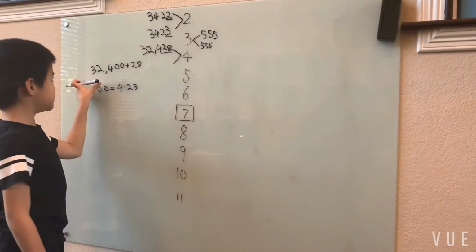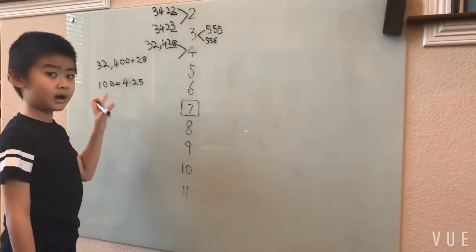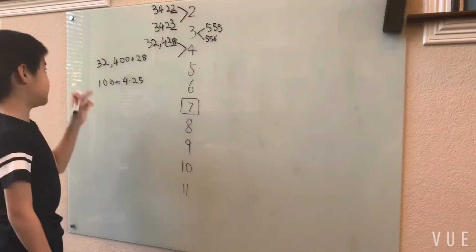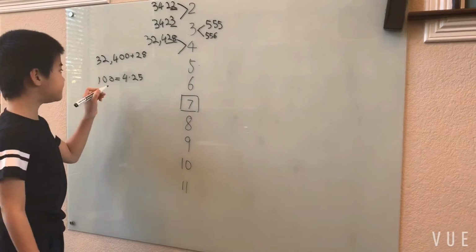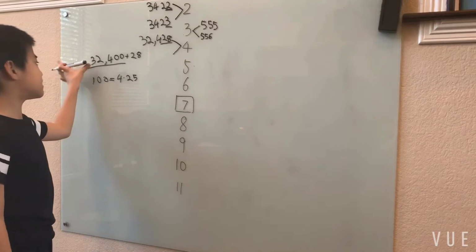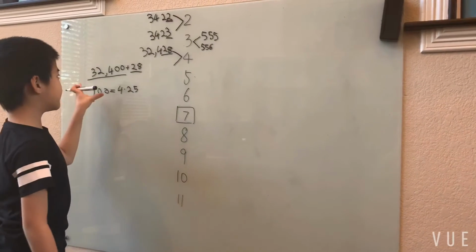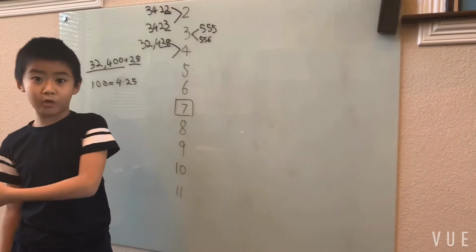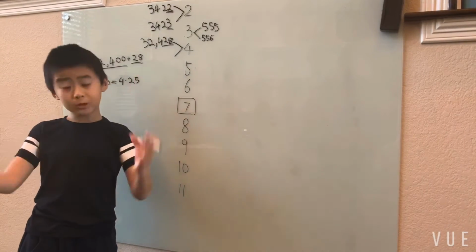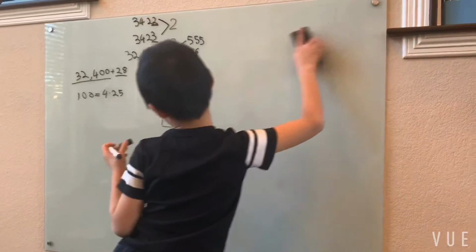So if I see that 32,400 is divisible by 100, then it's also divisible by 4, since I just count by 25s all the way up until I get this big hunk. So every multiple of 100 is divisible by 4, so I don't have to care about this. All I care about is the last 2 digits. If I add a multiple of 4 to a number that's not a multiple of 4, I get a number that's not a multiple of 4. But if I add 2 multiples of 4, I get another multiple of 4. So that's why. Get it?